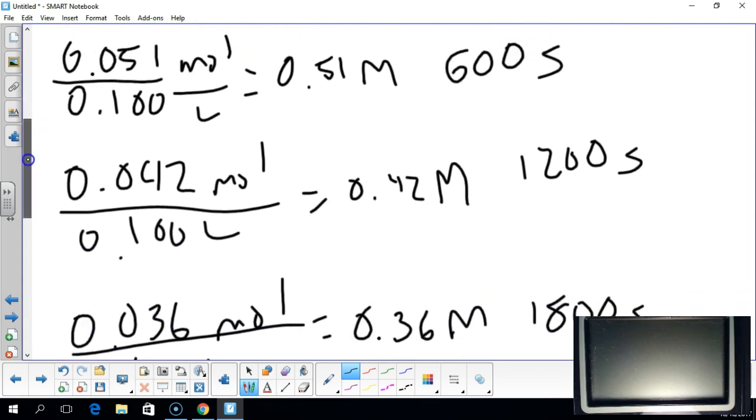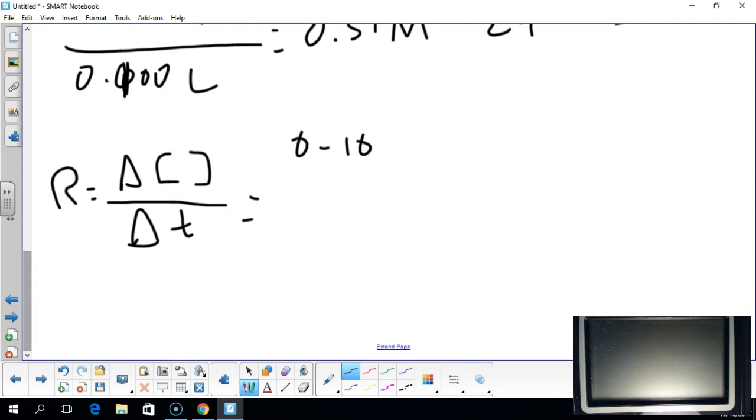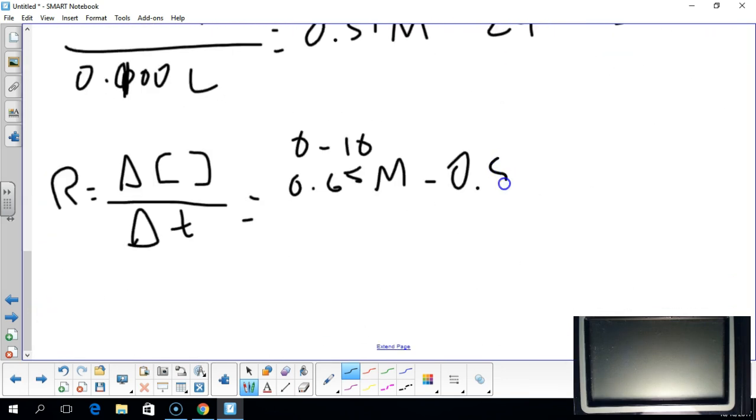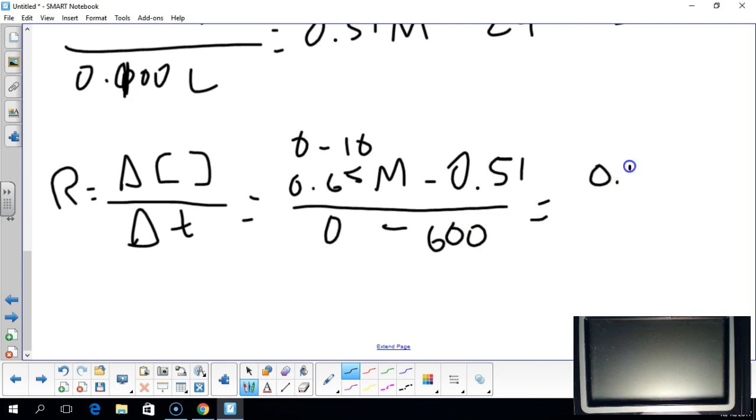So it's 0.65 molar minus 0.51 molar, over 0 minus 600 seconds. That change is going to equal 0.14 molar over negative 600 seconds.